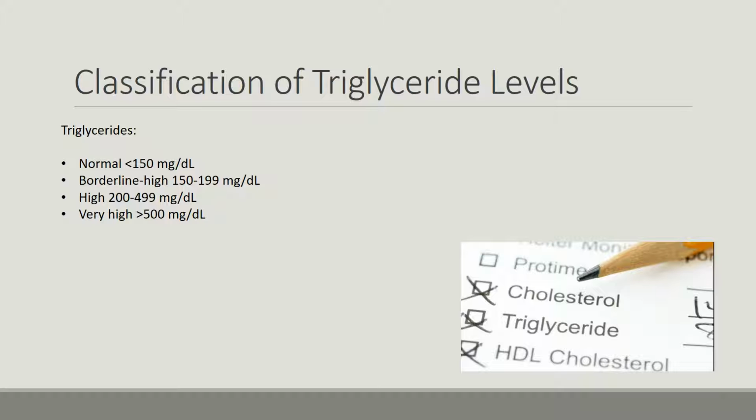When looking at that, there is a mild to moderate risk of cardiovascular disease with triglyceride serum levels greater than 200 milligrams per deciliter, and that is a cardiovascular disease risk factor independent of cholesterol. So if you have elevated cholesterol as well, that's even more significant risk for cardiovascular disease.